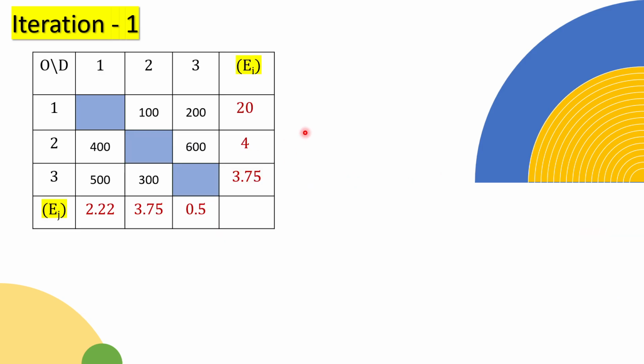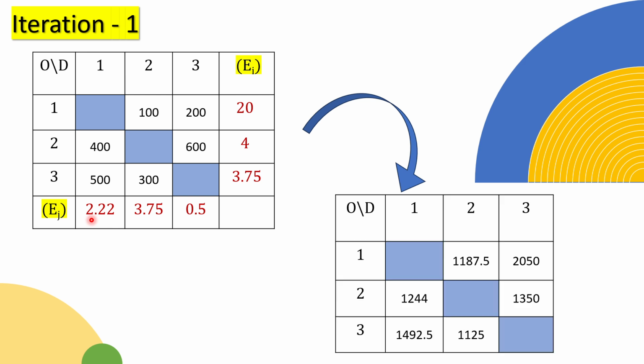Now let's begin iteration number 1. Again, multiply 100 with (20 plus 3.75) by 2, and 200 becomes 200 into (20 plus 0.5) by 2, and 400 becomes 400 into (4 plus 2.2) by 2, and so on. Do the same thing that we have done in the past 2 problems, and you will get the new OD matrix.